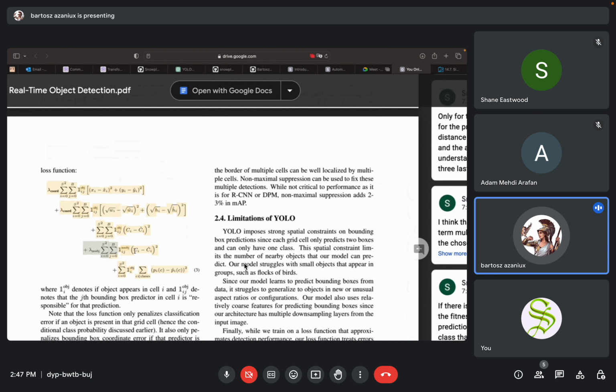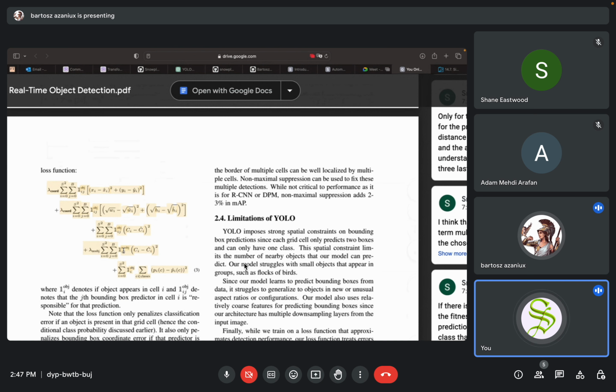Although they punish the confidence, which makes sense, like the confidence that it is a dog or a cat, because those squares should correctly identify that it is a dog. But you don't care about the bounding boxes because they are not the central dog square.